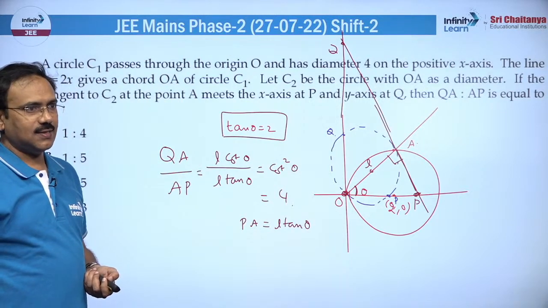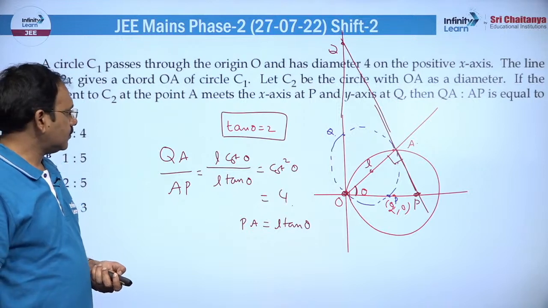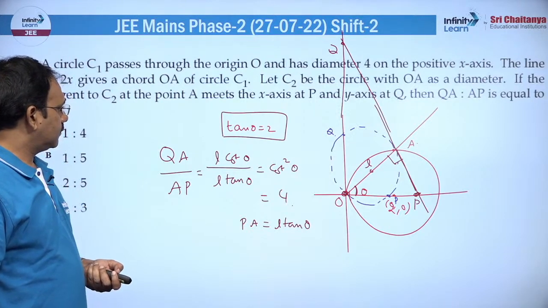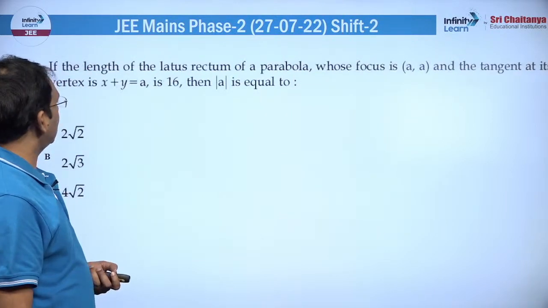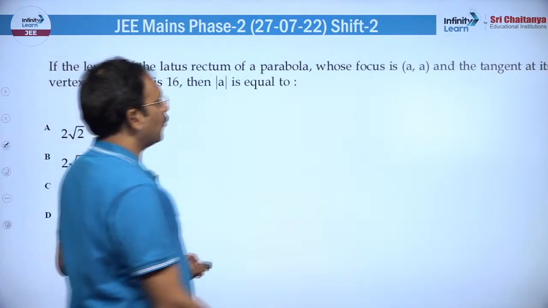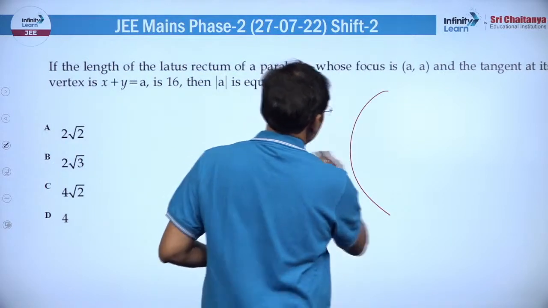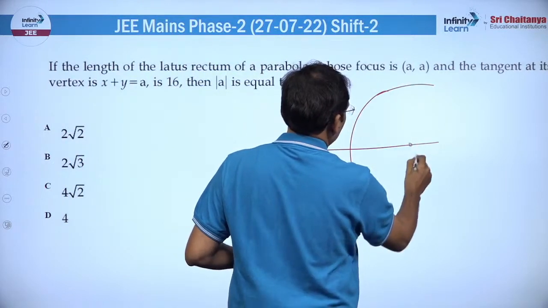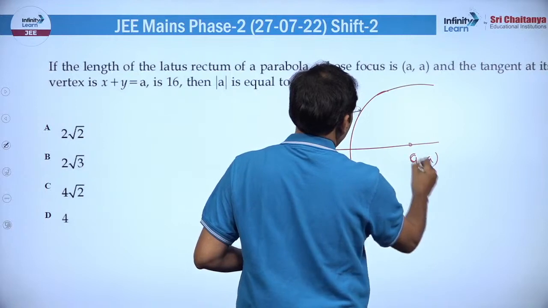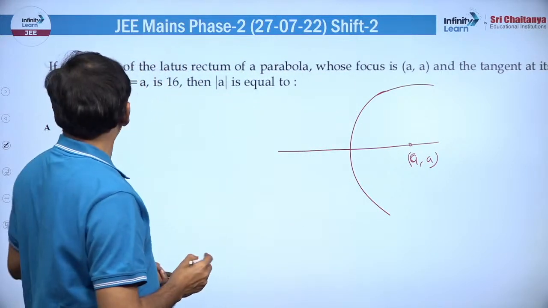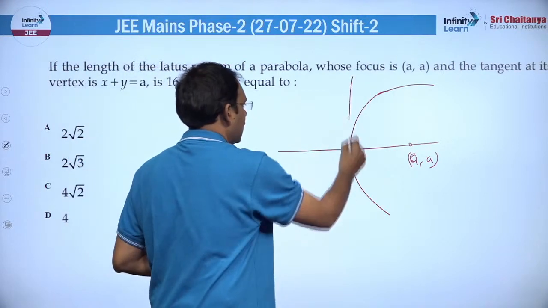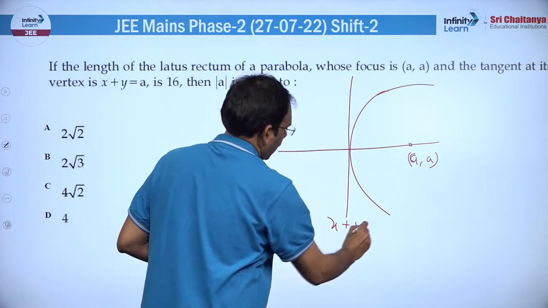Next one, you can take this one. The length of the latus rectum of a parabola whose focus is at (a, a) and the tangent at its vertex is the line x + y = a.